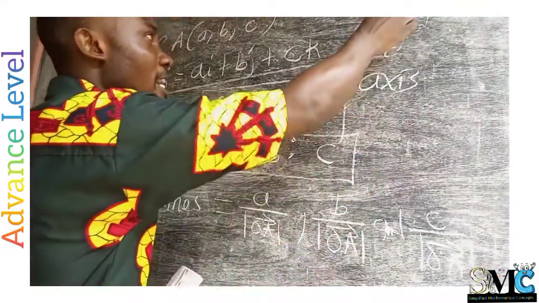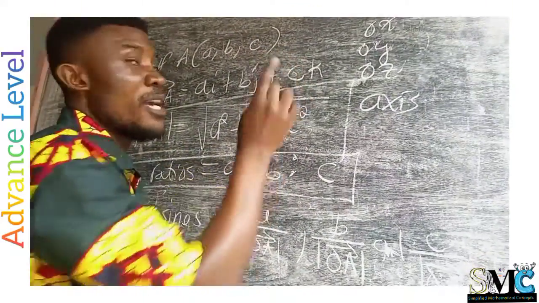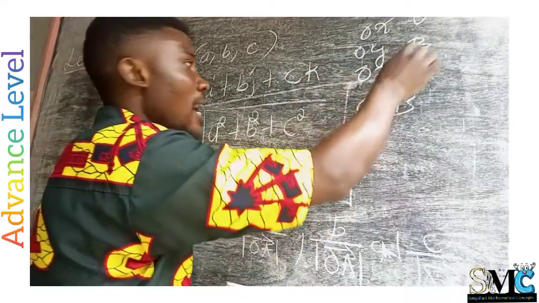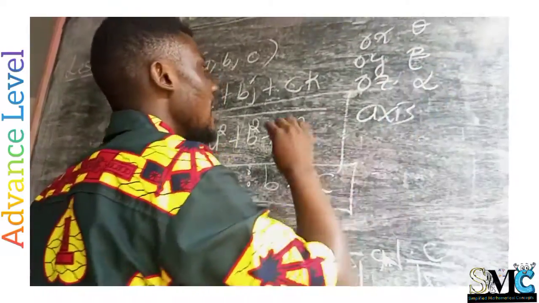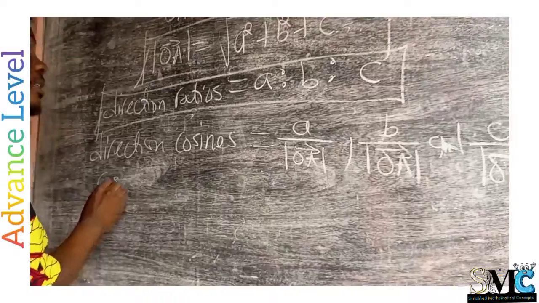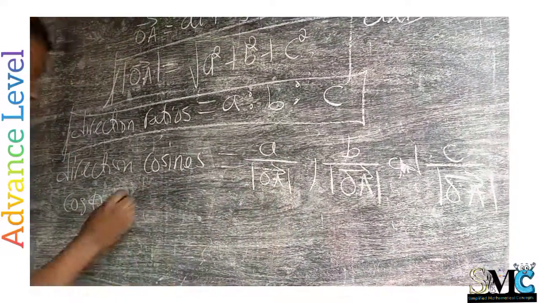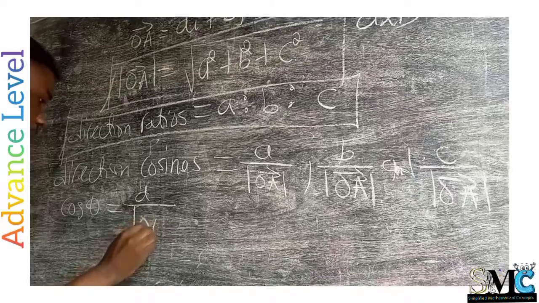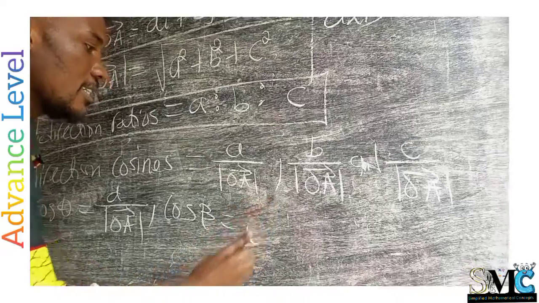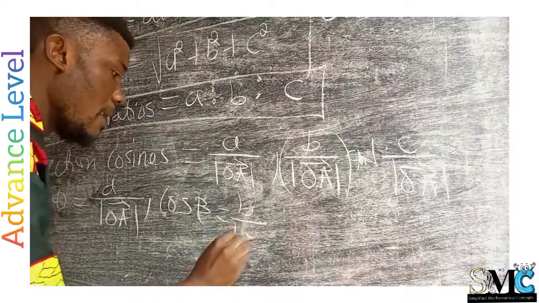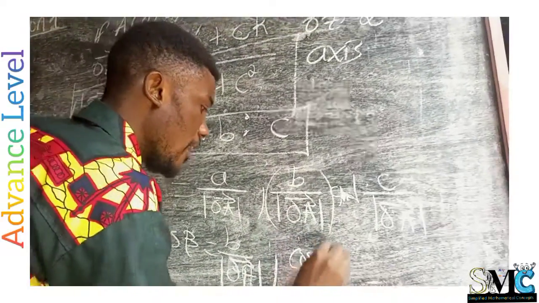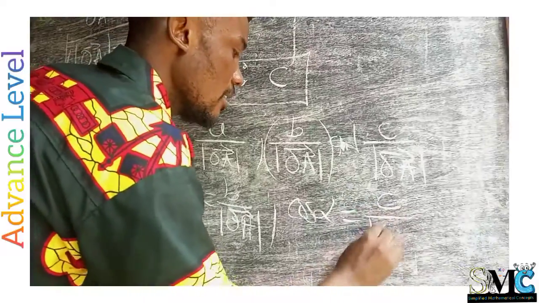That is, if theta is the angle that this vector makes with the OX axis, beta is the angle that the vector makes with the OY axis, and alpha is the angle that the vector makes with the OZ axis, then we are saying that cos theta is this direction cosine, and cos beta is b on the magnitude of OA. And finally, cos alpha is equal to c on this.